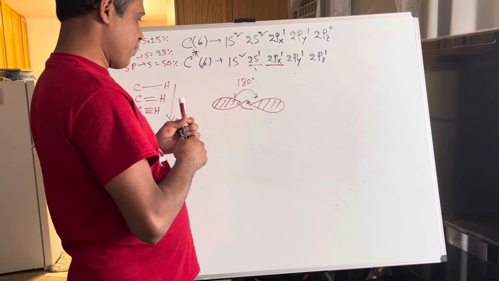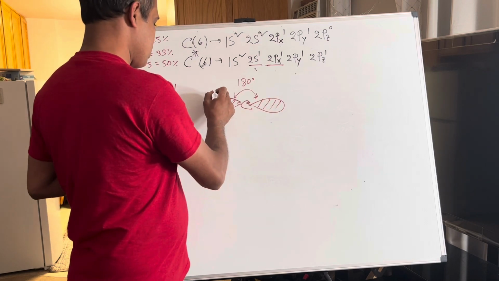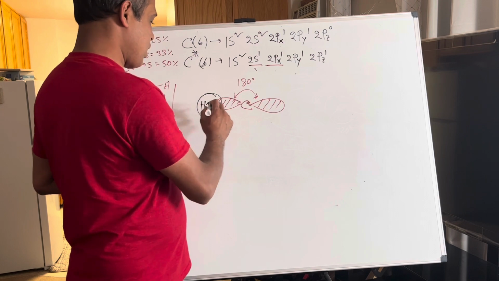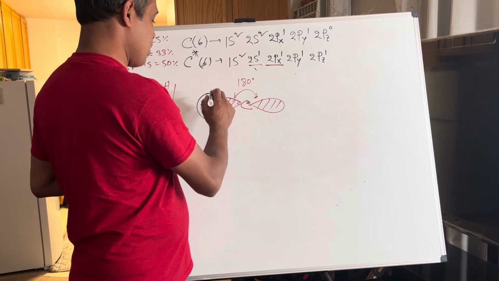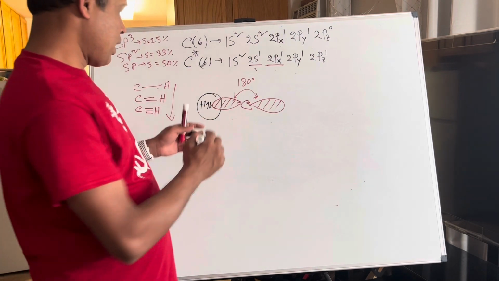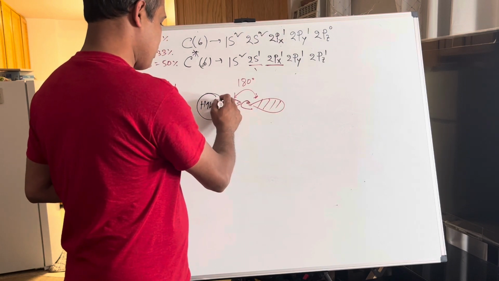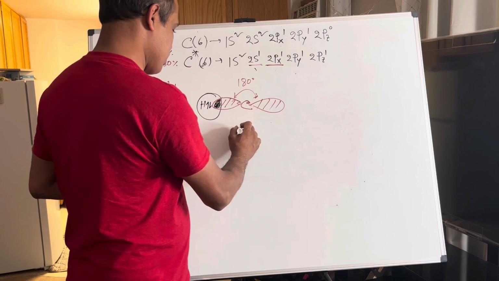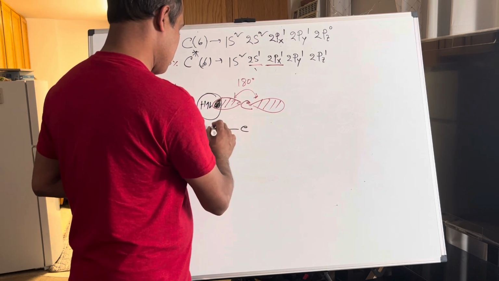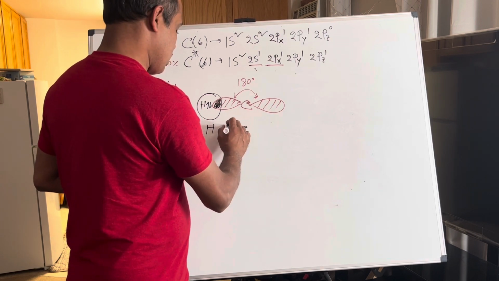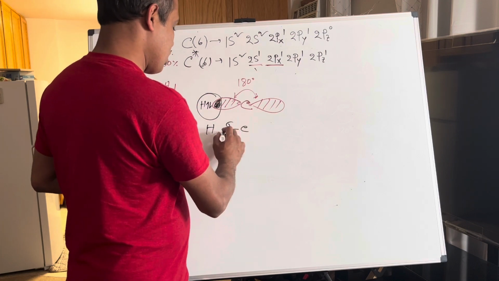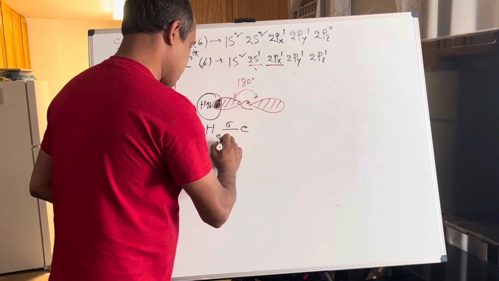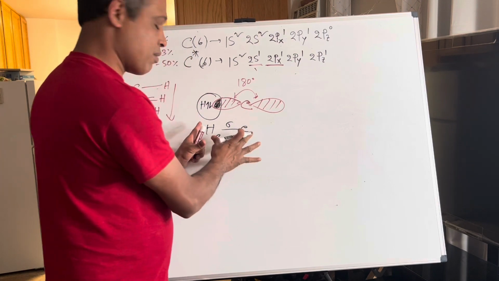Once it has formed, one hydrogen comes here, one electron from the hydrogen and one electron from here make a bond, so it forms a sigma bond, a carbon-hydrogen sigma bond. What kind of sigma bond? An s-sp sigma bond.